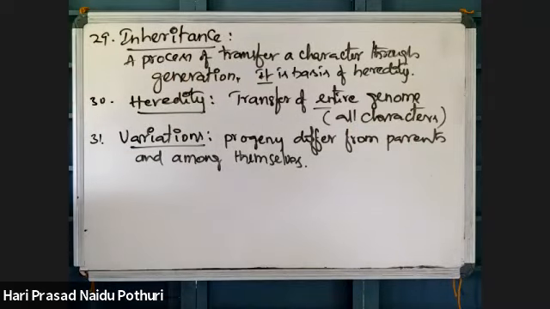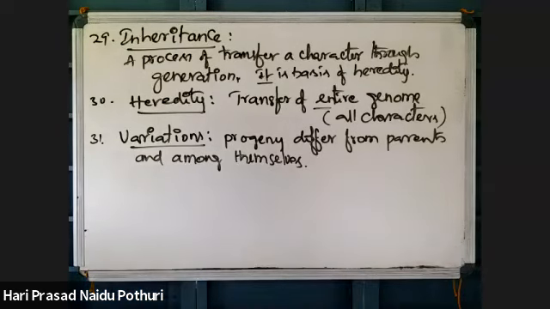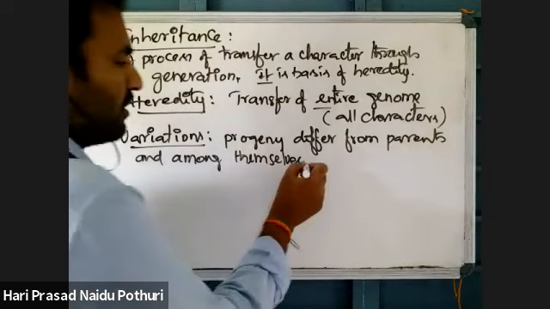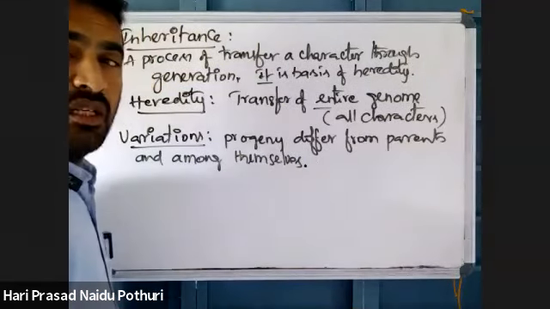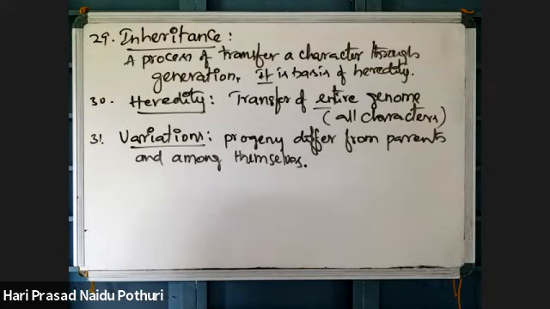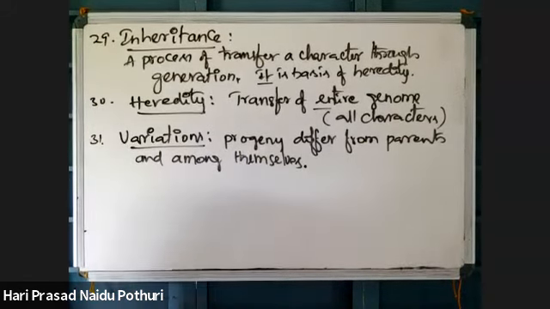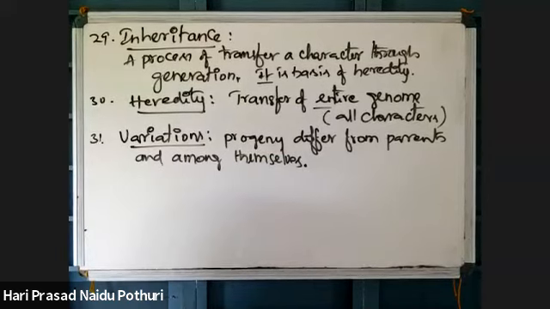When we cross plants, from that crossing, when a new progeny is formed, that progeny may be different from the parents and from themselves. Suppose 10 to 100 progeny are formed, all that progeny are different from one another. That is also called variation, whereas that is called recombination, I told you. Recombination.